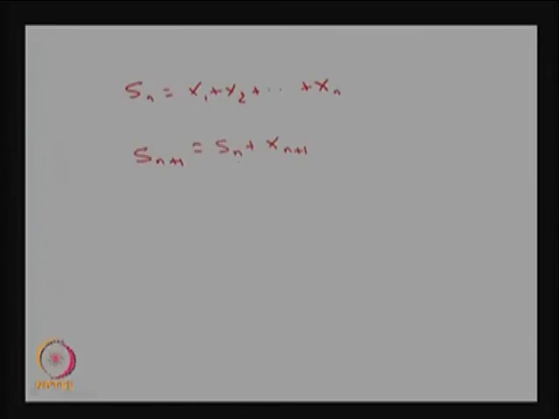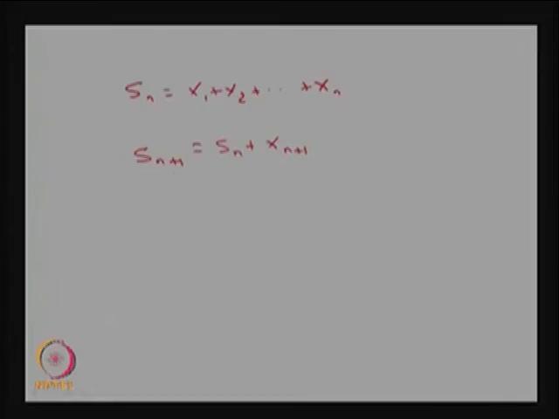You can also observe that since Sn is the sum of the first n random variables, Sn plus 1 is Sn plus Xn plus 1, and all the Xi's are mutually independent random variables, so Sn is independent of Xn plus 1.